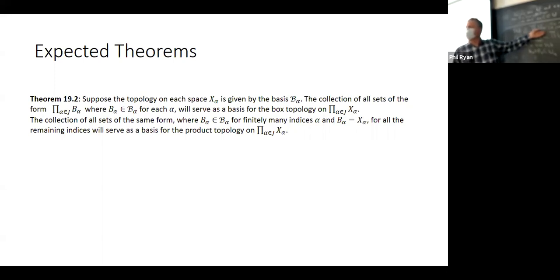If it's in the box topology, it could be different everywhere, but in the product topology, it's only different in finitely many places. Nowhere here are we using infinity or finiteness in each of these sets. It's true that this is an element of the product because in each coordinate this is true.